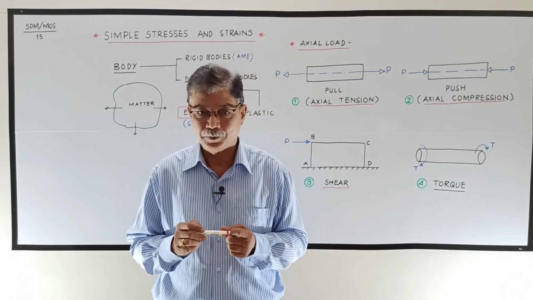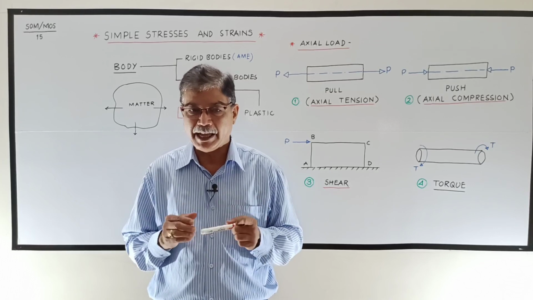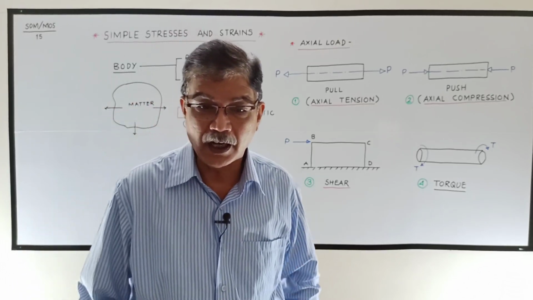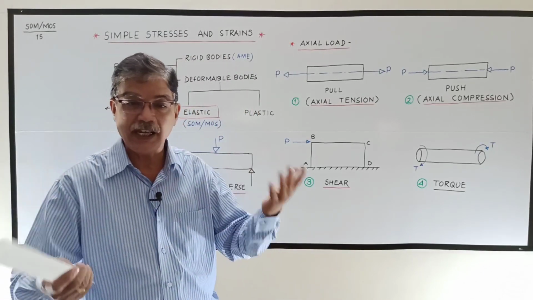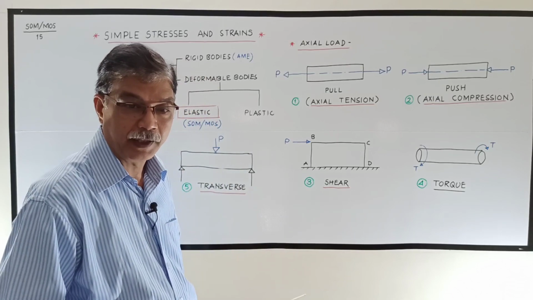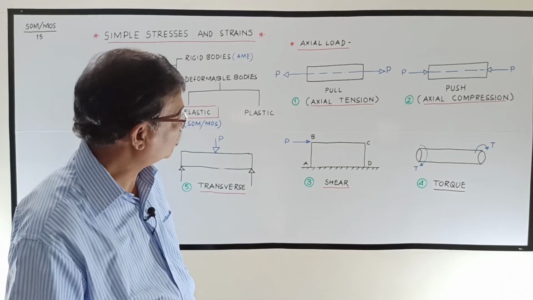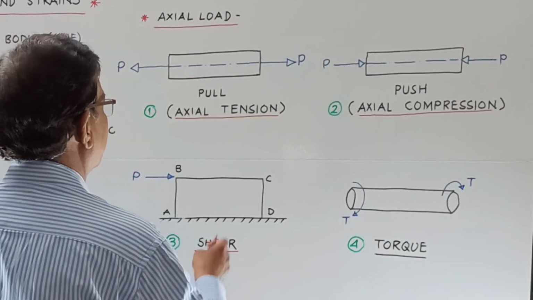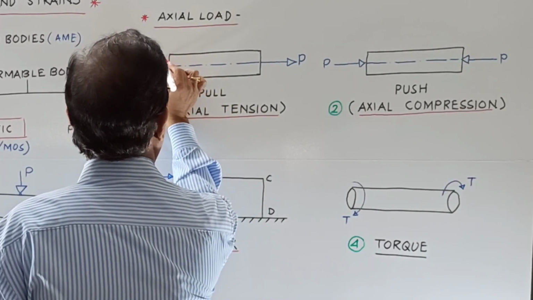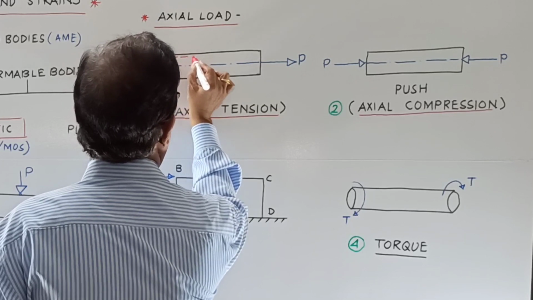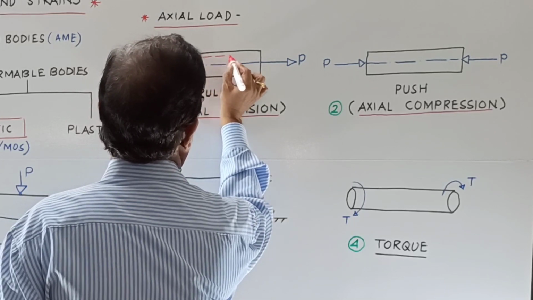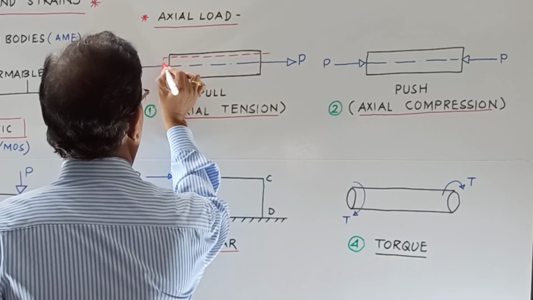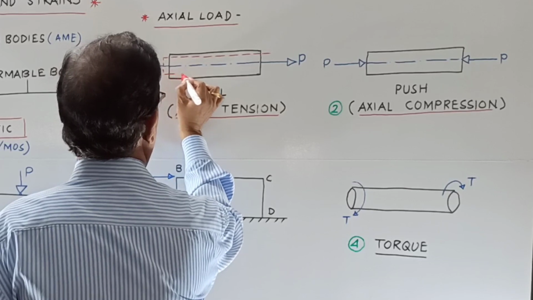Depending upon the type of load, the deformations may be in the form of extension in the first case. This body due to the load will extend. This red color I am showing you is the body after application of the load.